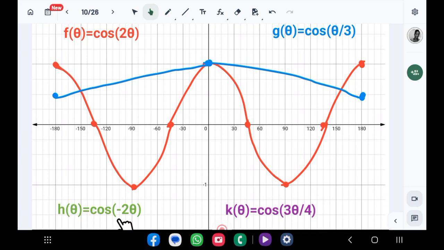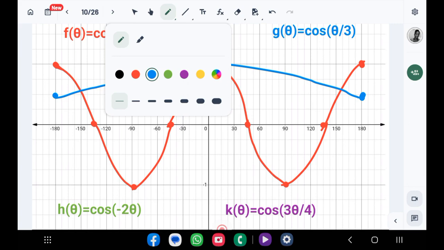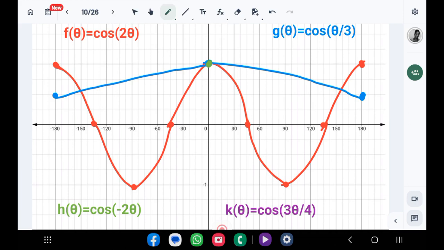Now let's plot this graph h of theta equals to cos of minus 2 theta. Remember, this is equals to cos of 2 theta, which is f of theta. So exactly the same milestones and points that f of theta reached, we must go the same route. So the first one is over here at the maximum turning point. The next one is there. Next one, next one, next one there.